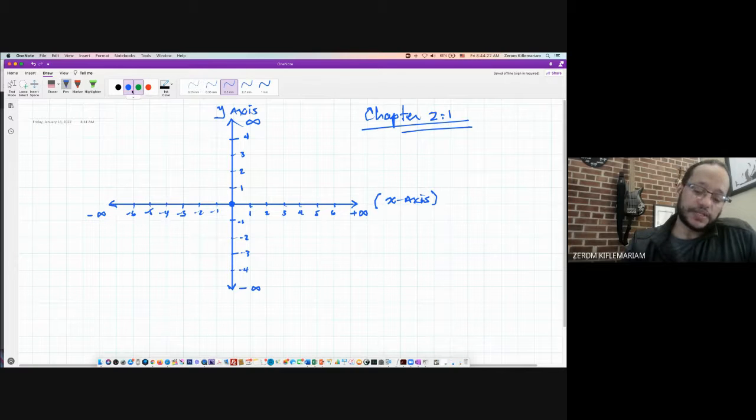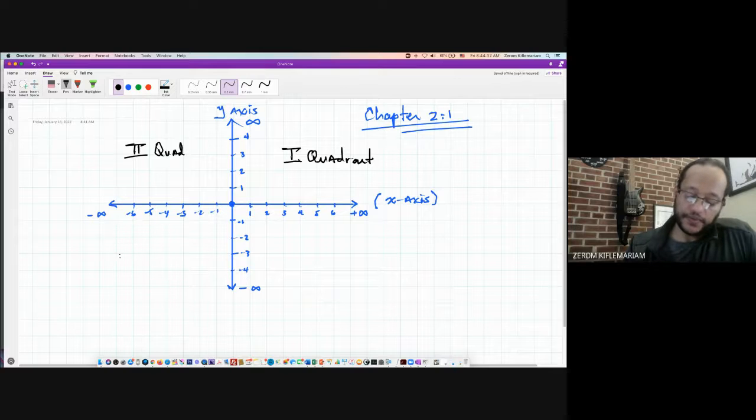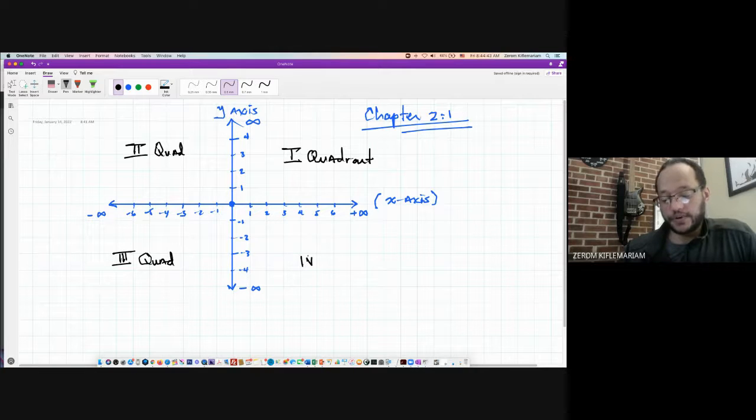Things that we need to know: this is known as the first quadrant. Going counterclockwise, this is the second quadrant, this one is the third quadrant, and this is the fourth quadrant.